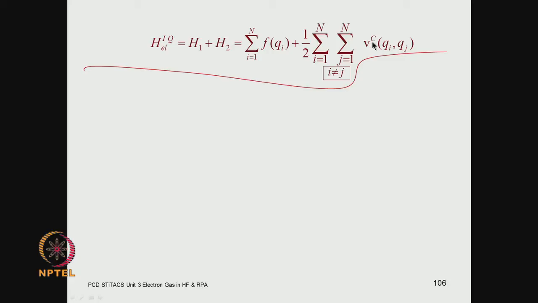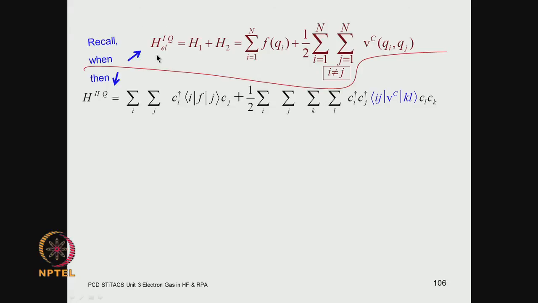The superscript C stands for the Coulomb interaction between electron at Qi and at Qj. So that is the Coulomb interaction. And when this is the form of the first quantized Hamiltonian for the n electron system, the corresponding second quantized form we wrote in terms of the electron creation and destruction operators.